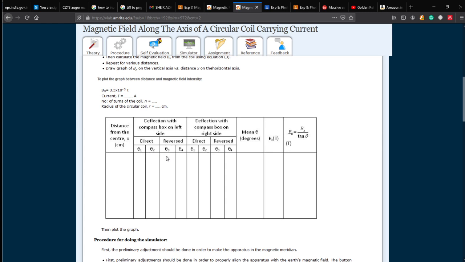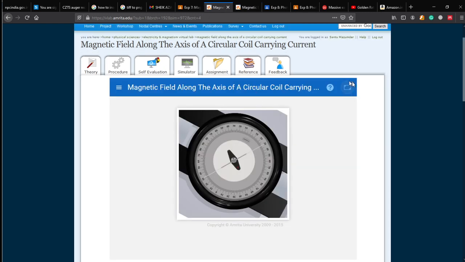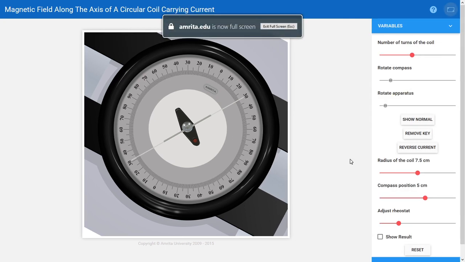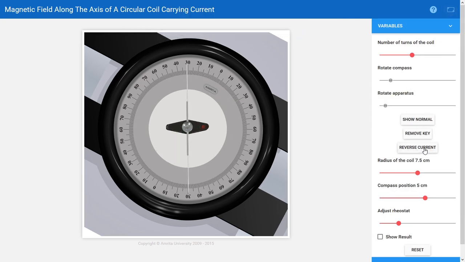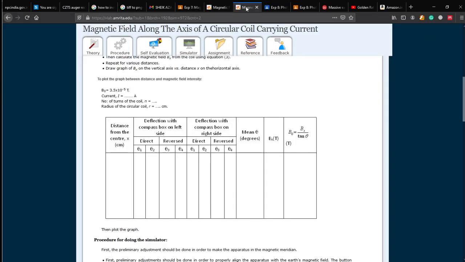Now what about theta 3 and theta 4? Let's go back and check theta 3 and theta 4 by reversing the current. So this is around 30 to 40, that is 31. You can take this also as 30. So this is 31 and this is 30. So let's go back to this one. This is 30 and 31. So this is for the one side, this is the plus 5.